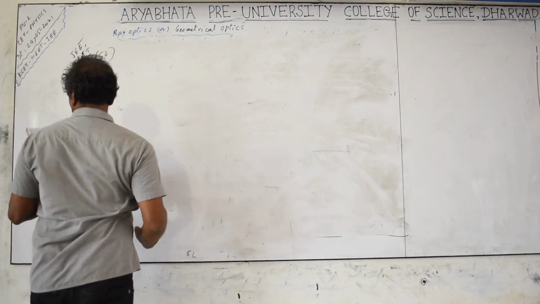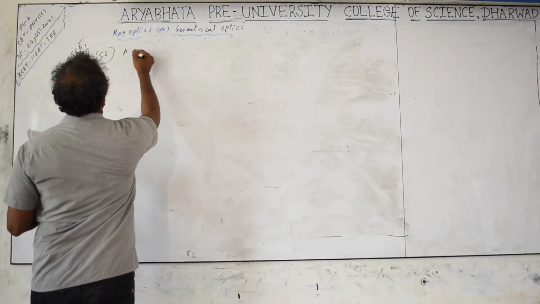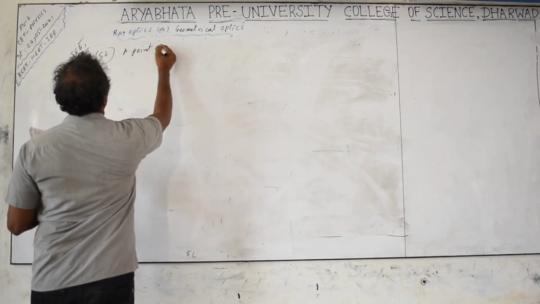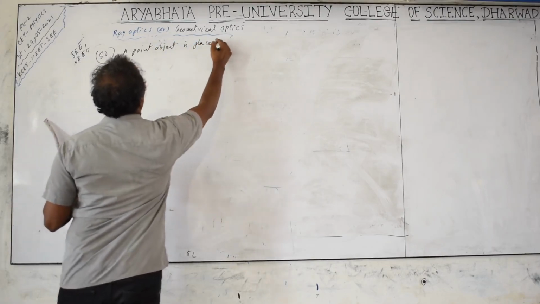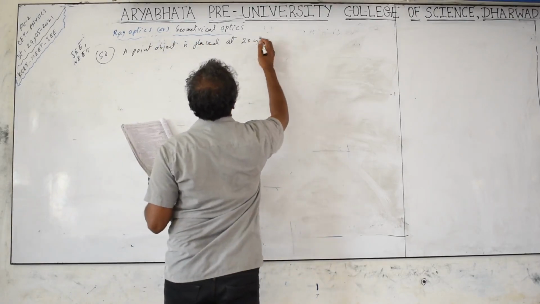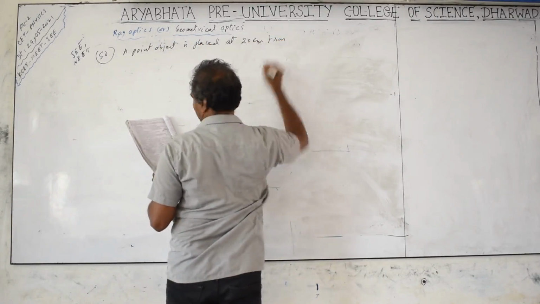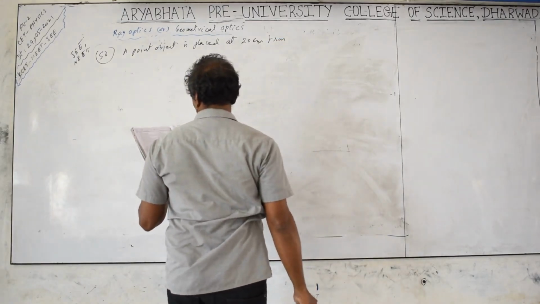A point object is placed at a distance of 20 centimeters from a thin plano-convex lens of focal length 15 centimeters.